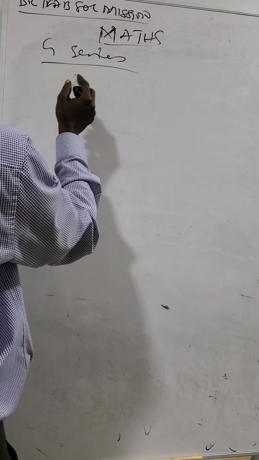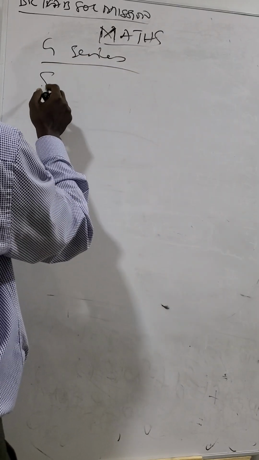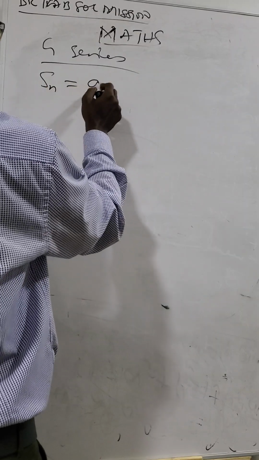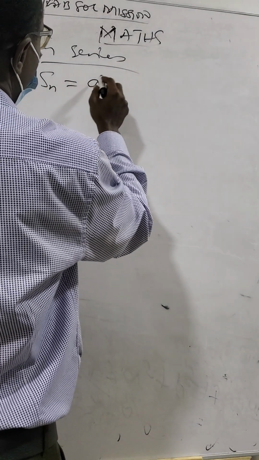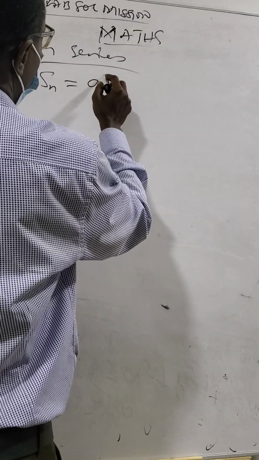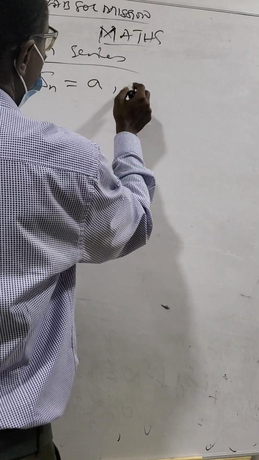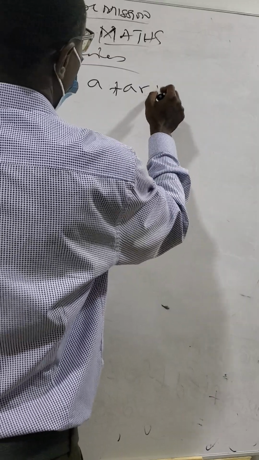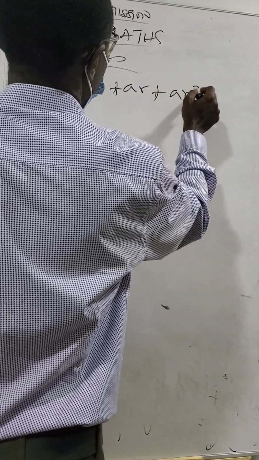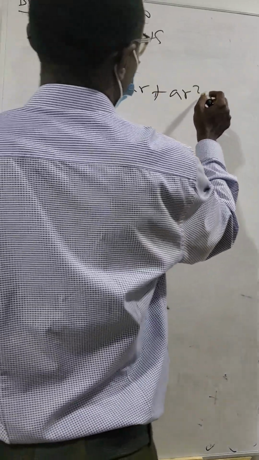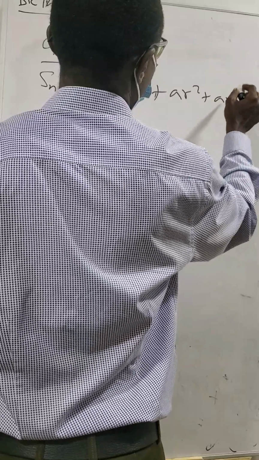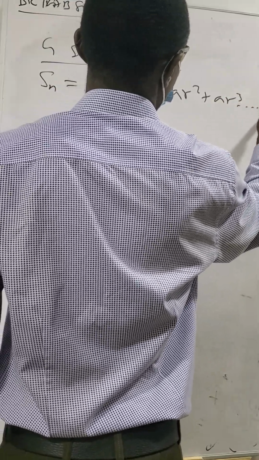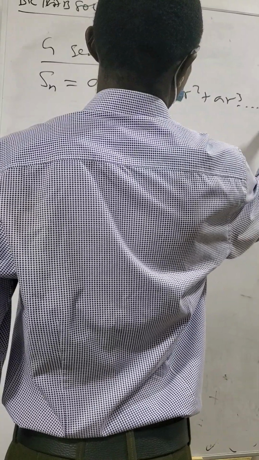Right, so we have our summation, the sum, if you are adding the numbers, let's say Sn becomes the first one, which is a, the second one will be ar, plus the third one which will be ar to the power 2, okay, plus ar to the power 3, and so on until we come to ar to the power n minus 1.